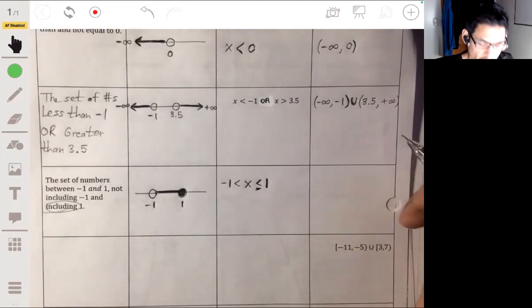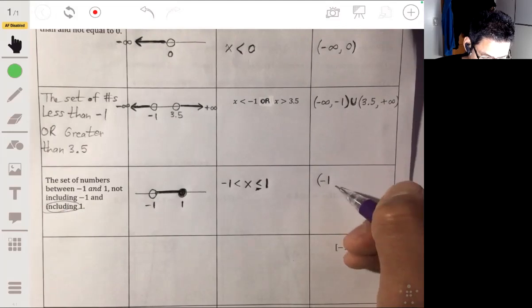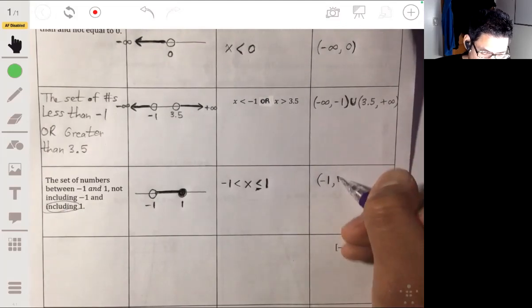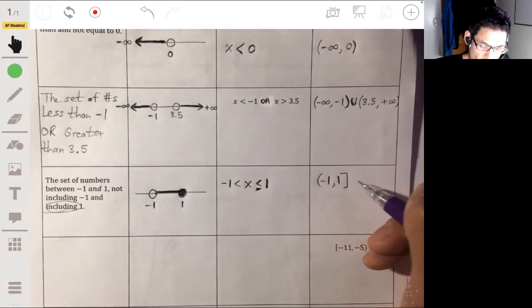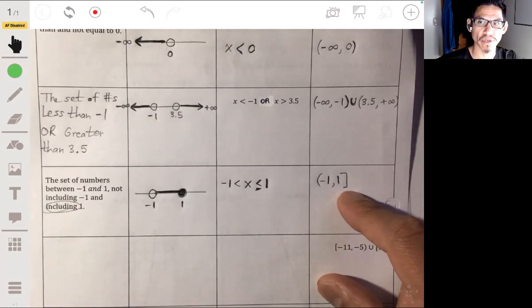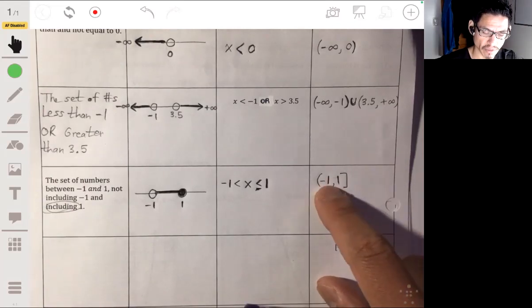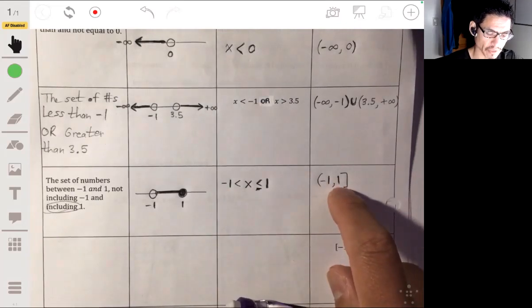Now, with interval notation, we're going to use parentheses -1, comma 1. And here we're going to put a bracket around the 1 because that bracket means we include this number. We include that endpoint. So parentheses around -1 because we don't include it. And then a bracket around 1 because we do include it.